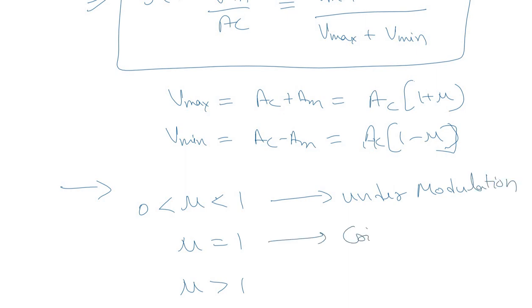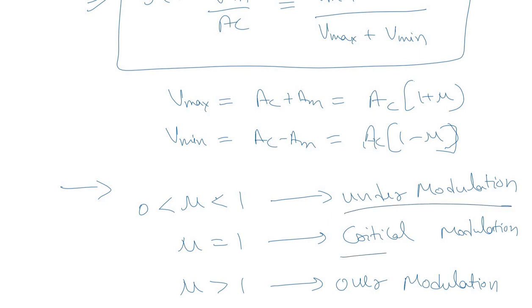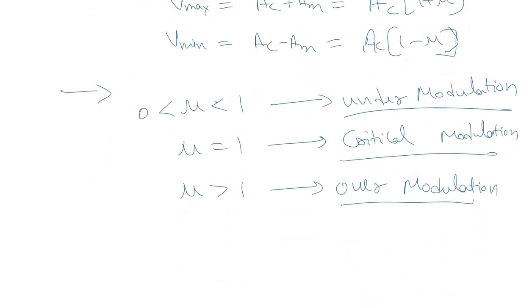This is your critical modulation, and mu greater than 1 is known as the over modulation scenario. Let us see why we call it under modulation, critical modulation and over modulation.